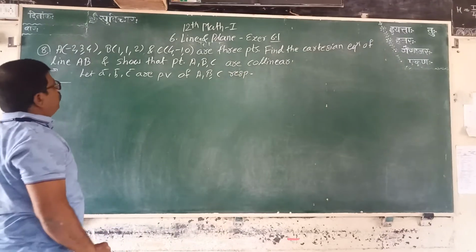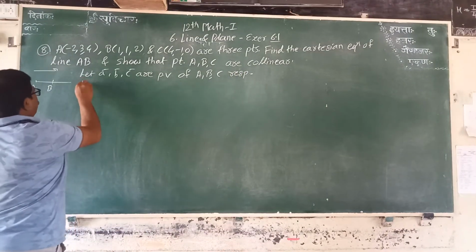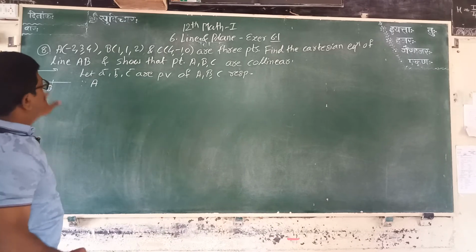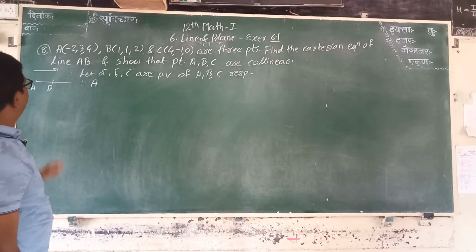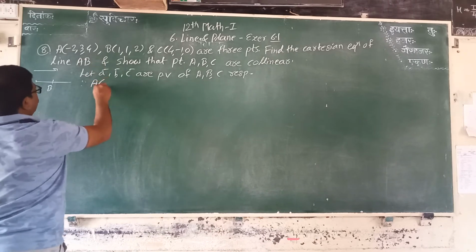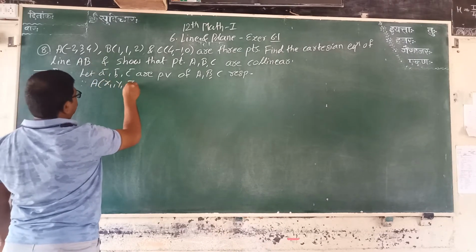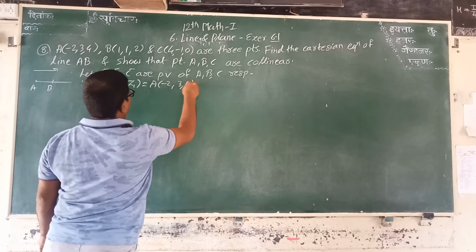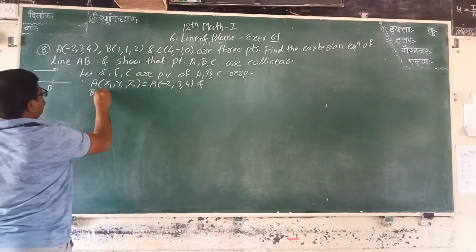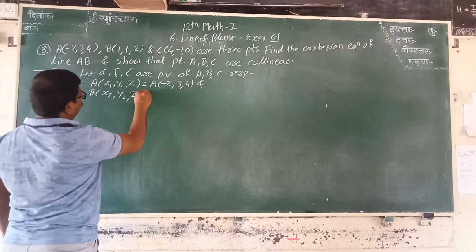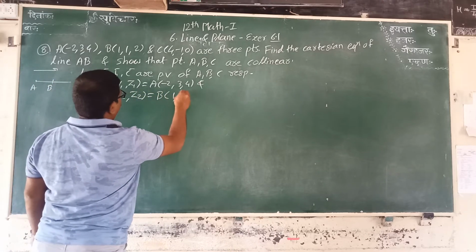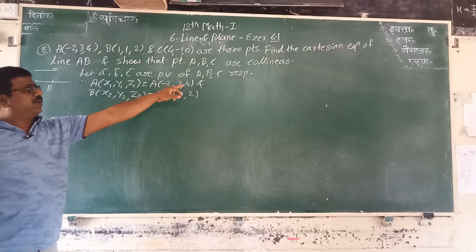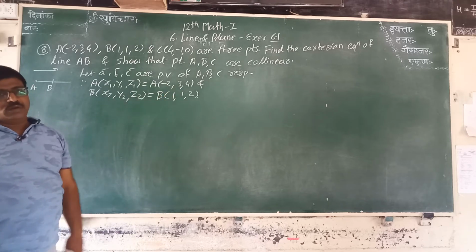Now, for line AB, the Cartesian equation, A(x1, y1, z1) is A(-2, 3, 4) and B(x2, y2, z2) is B(1, 1, 2). Therefore, the values of x1, y1, z1 are -2, 3, 4 and x2, y2, z2 are 1, 1, 2.